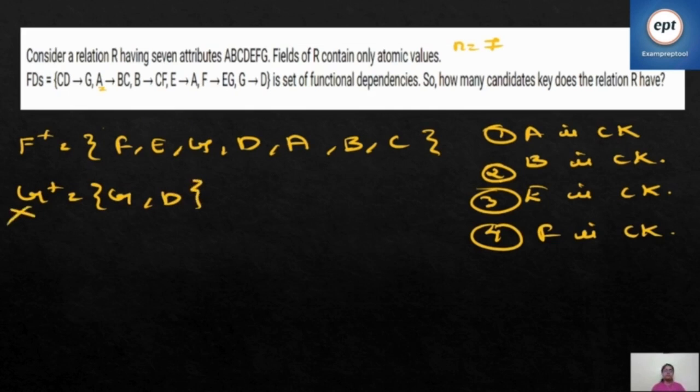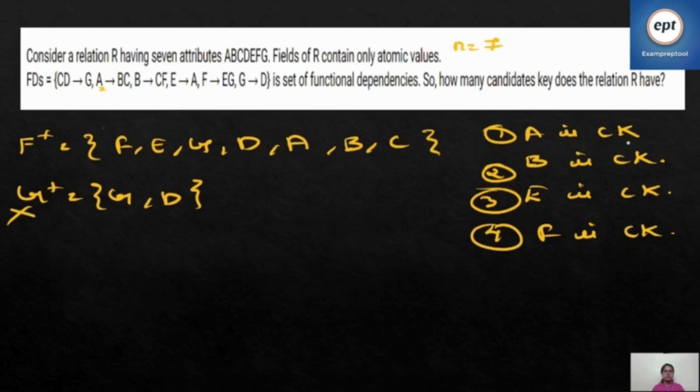Now there is no chance to check for AB or such combinations. Why? Because they will be super keys, not candidate keys. A super key is formed from a combination of candidate keys, but a candidate key should be minimal.